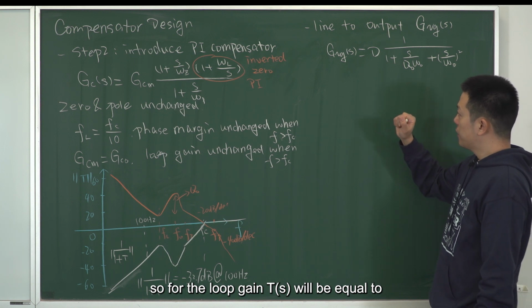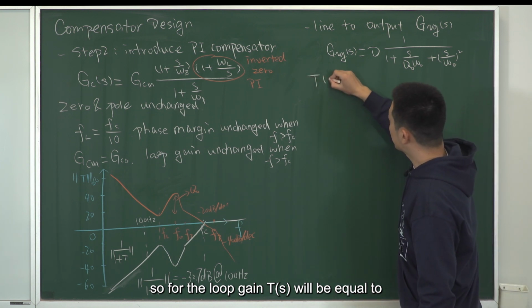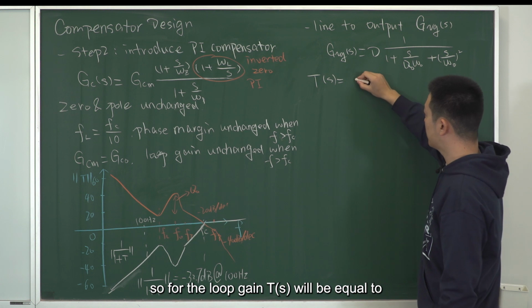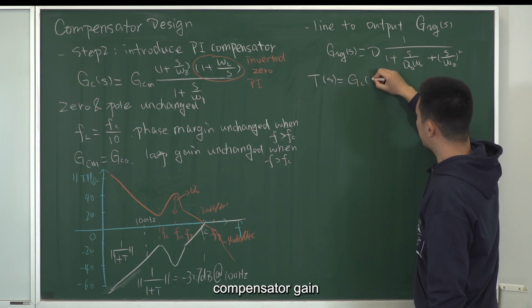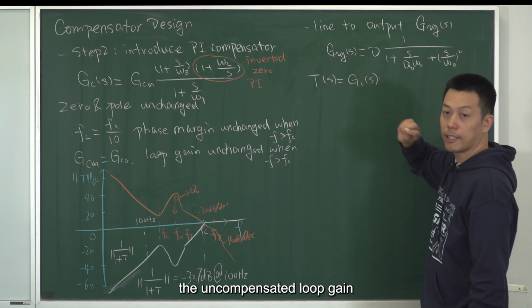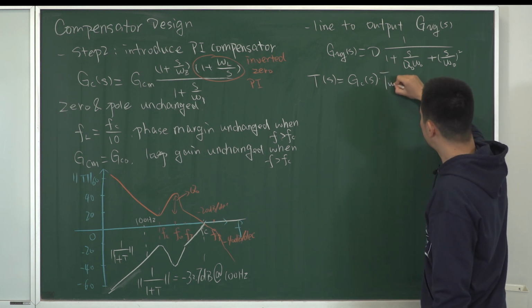For the loop gain, T(s) will be equal to the compensator gain times the uncompensated loop gain.